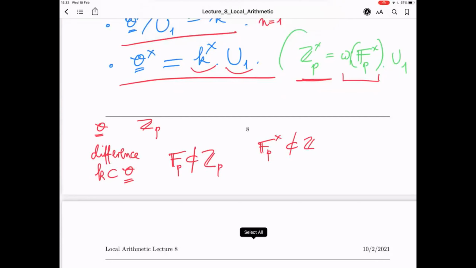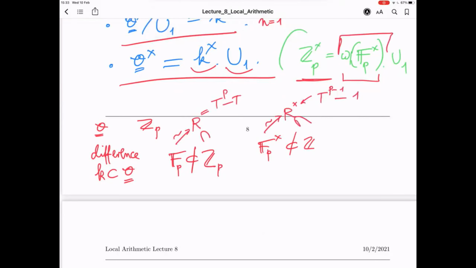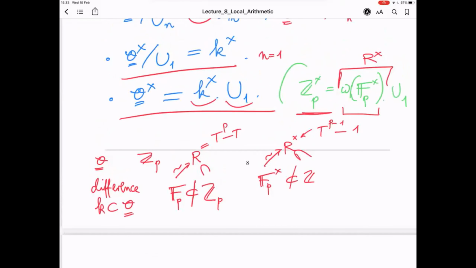Fp is in bijection with some R, which actually is contained in Zp, and this R, remember, was the roots of T^p minus T. And Fp star is in bijection with R star, which were the roots of T^(p-1) minus 1. And this actually is contained in Zp. So this is another notation for this R star, what I'd called R star earlier.